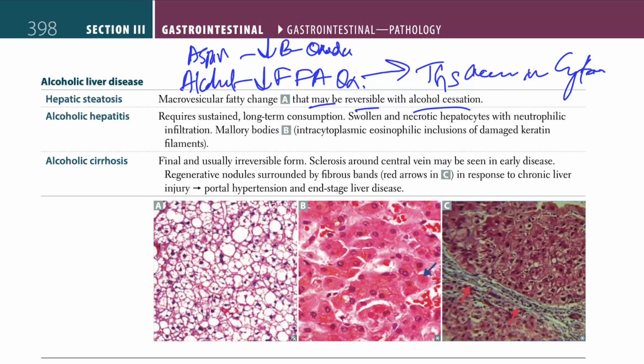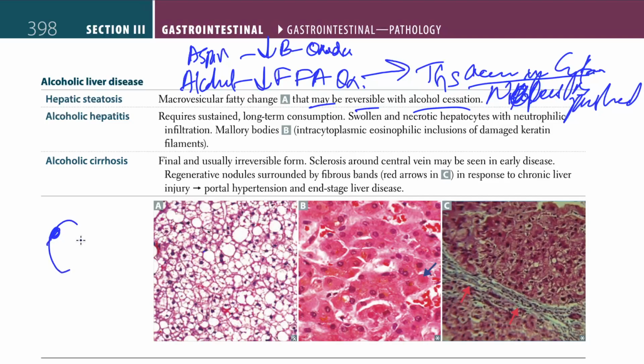Okay, and the nucleus is pushed towards the periphery because you have so much fat. Not neutrophil, but nucleus is pushed towards the periphery. Looking at the picture, it's sort of like a signet ring appearance.